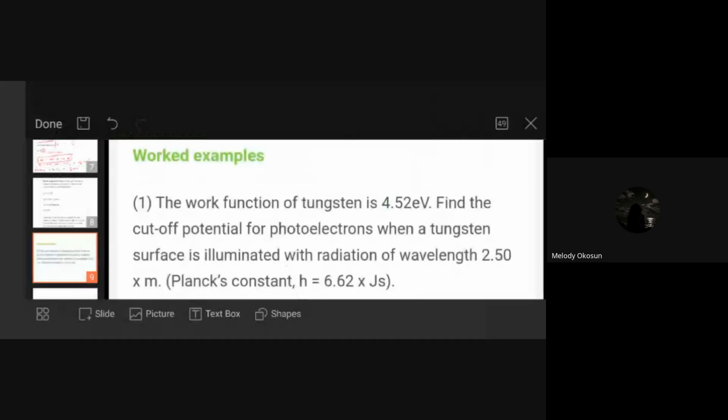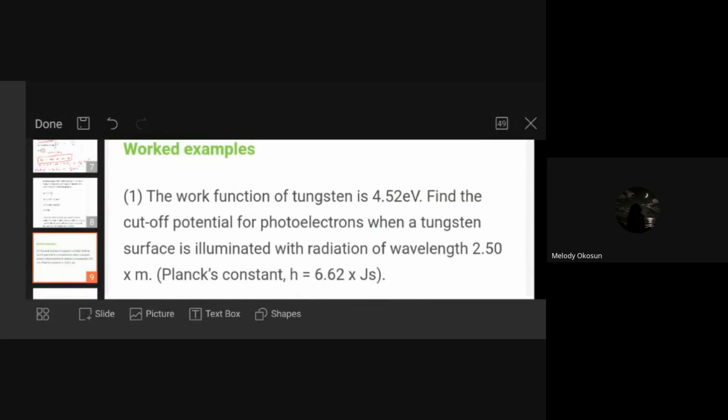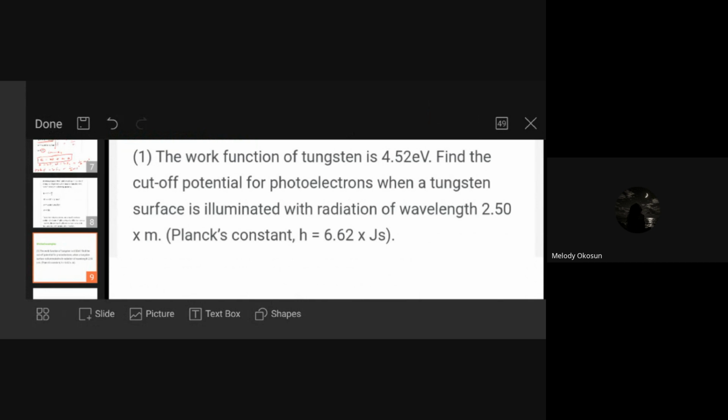All right, look at this question. This question says that the work function of tungsten is 4.52 electron volts. Find the cutoff potential for photoelectrons when a tungsten surface is illuminated with radiation of wavelength 2.5 meters.